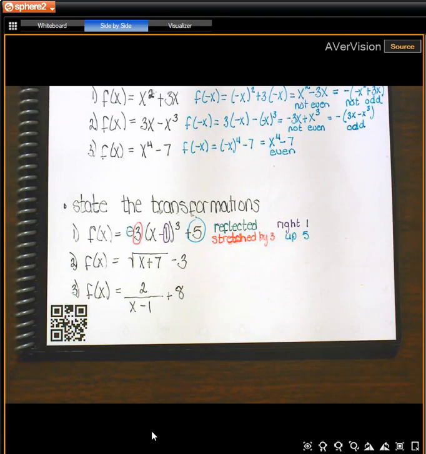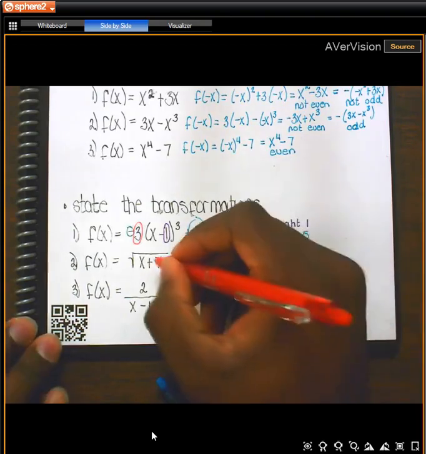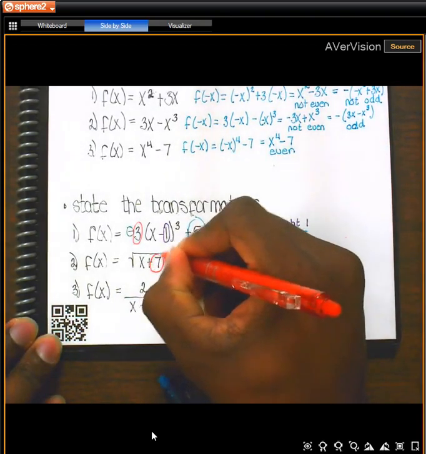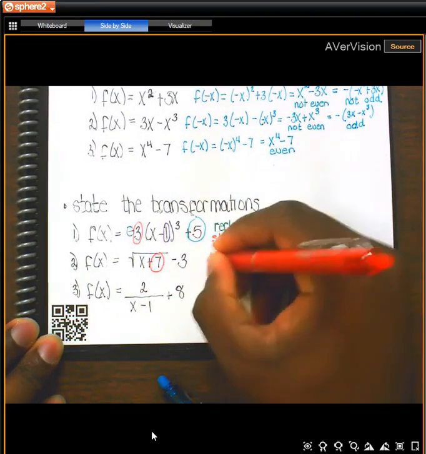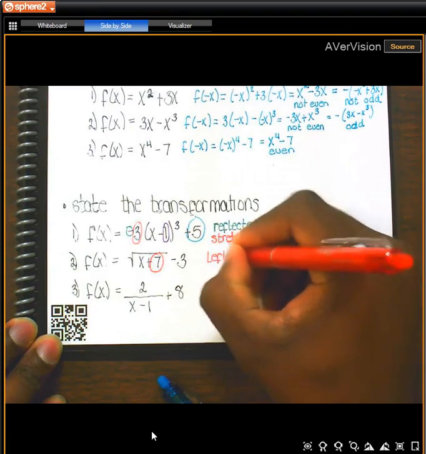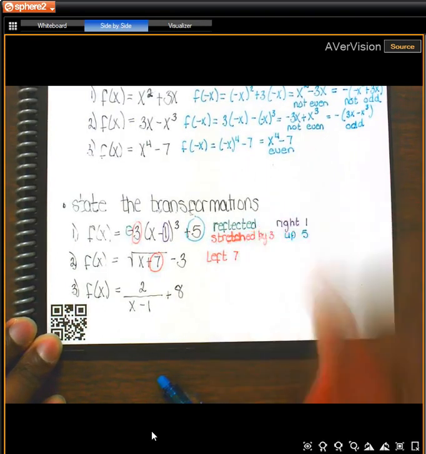All right, what about number 2? How did this function change from square root of x? Yep. Because this is plus, that means we had a -7. So left 7.